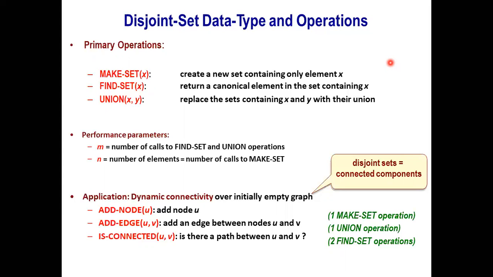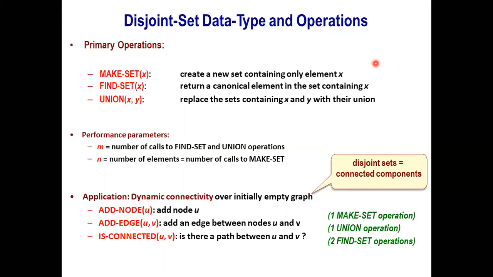And the application, like dynamic connectivity over an initially empty graph, is also called the connected component. There are add node functions, add edge functions with two parameters u, v, and is connected. Basically the add node function is none other than the make set operation, the add edge function is the union operation, and is connected is the same as find set.